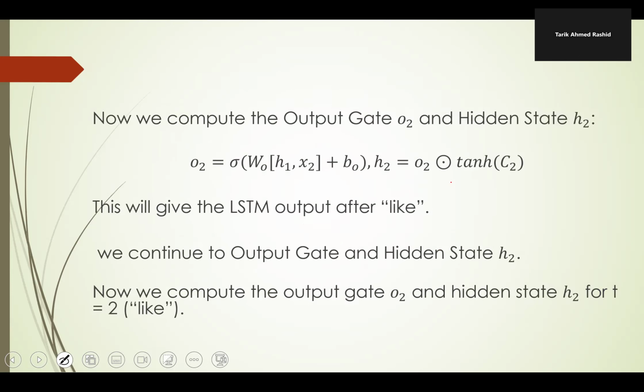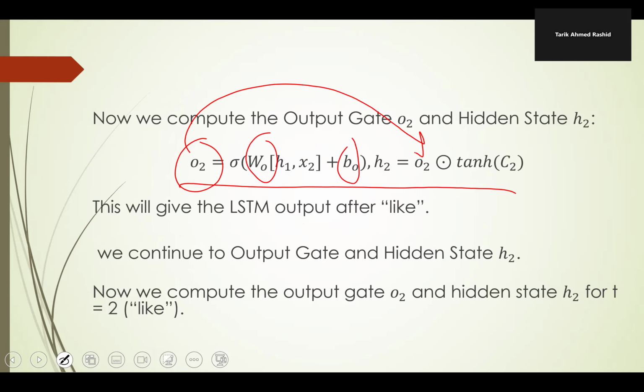Now for the output, the last thing. The output gate is the same thing; the only difference is the weight matrix of the output and its bias. Once we find this output, we plug it into this equation so that we can find the output of the LSTM, which is H2, the output multiplied by tanh of C2.